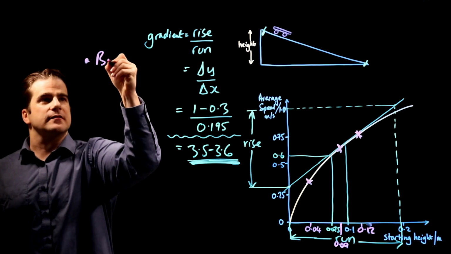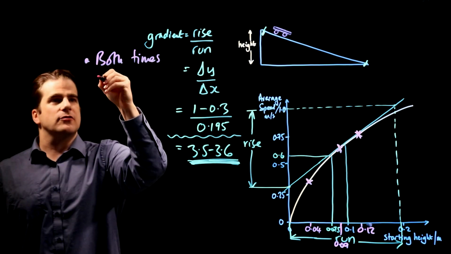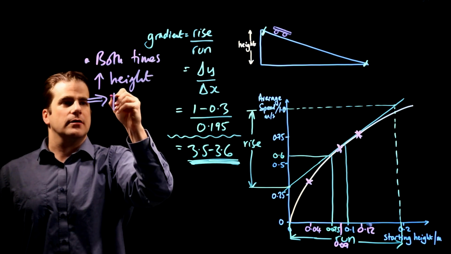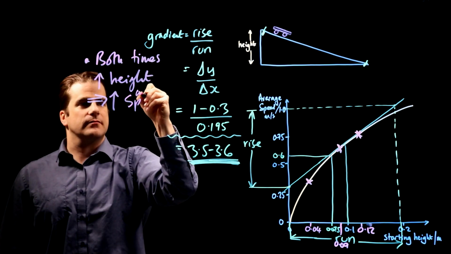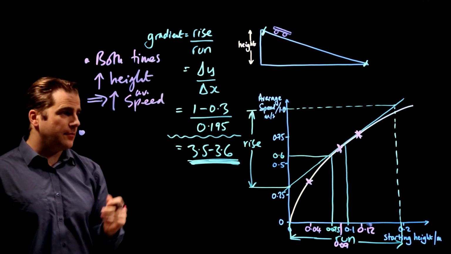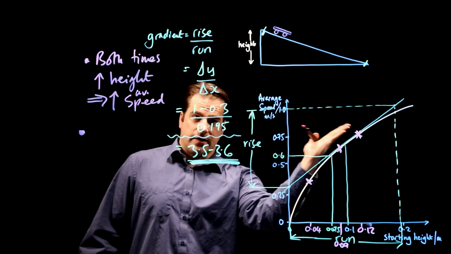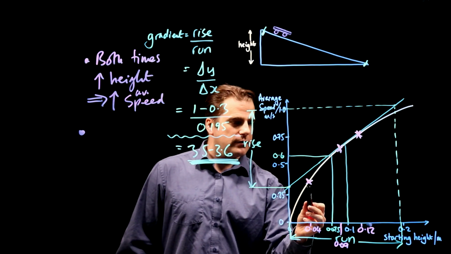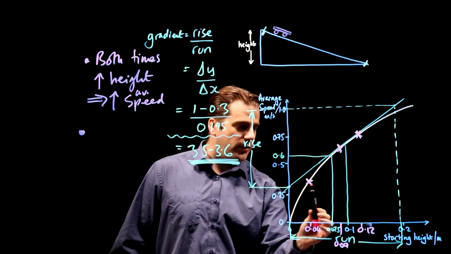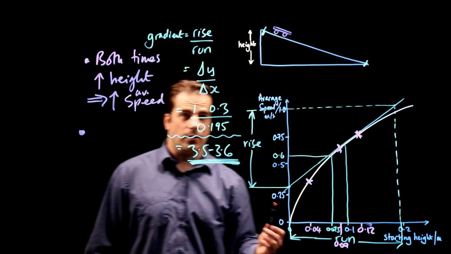So in both cases, both times, increase in height led to an increase in average speed. Okay, 1 mark. For the second mark, it's curving like this, okay? So there was a greater increase in speed when he increased from 0.04 to 0.09 than when he increased from 0.09 to 0.12.